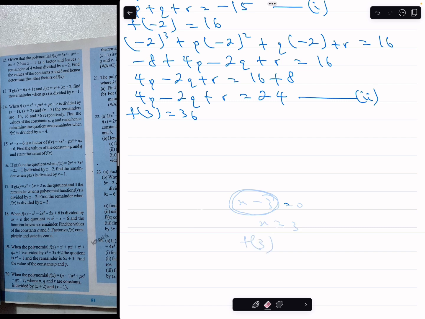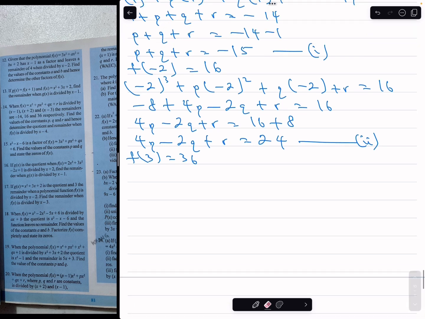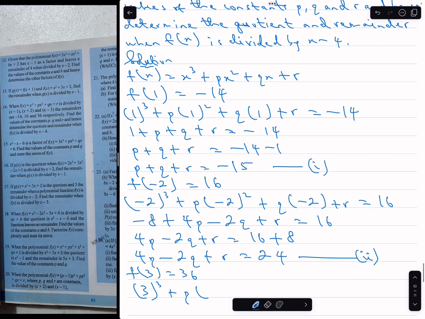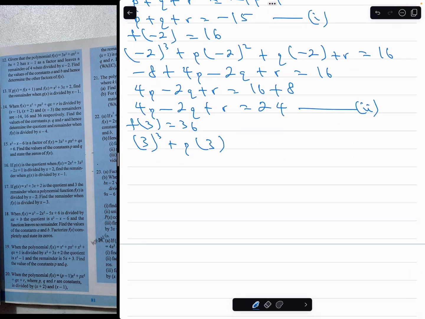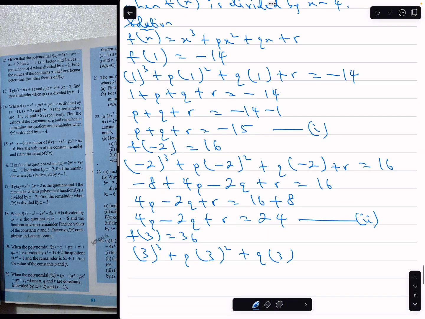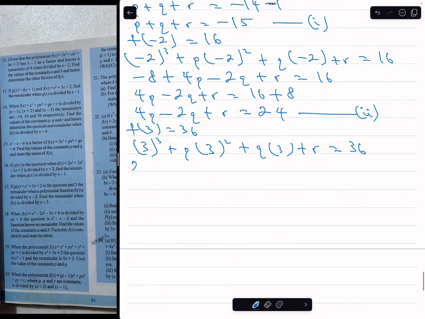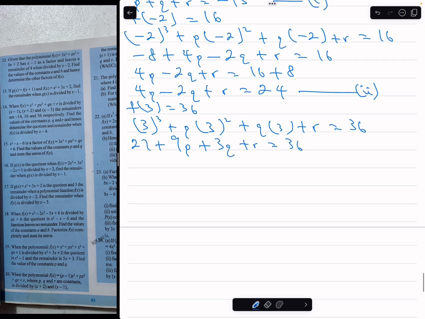F of 3 equals 36, which simply means 3 raised to the power 3 plus p times 3 squared plus q times 3 plus r equals 36, which is 27 plus 9p plus 3q plus r equals 36.